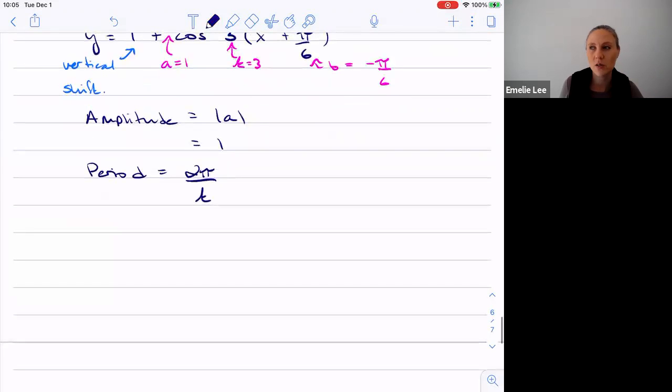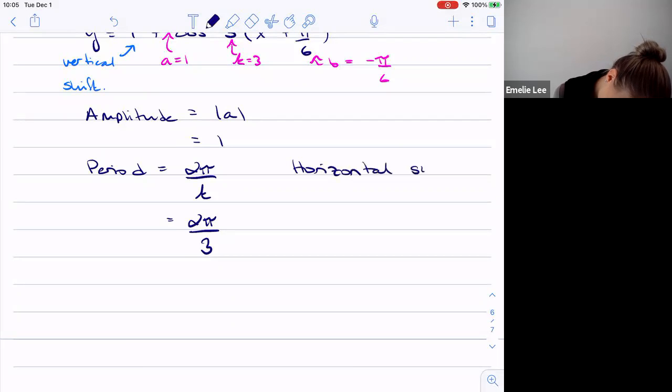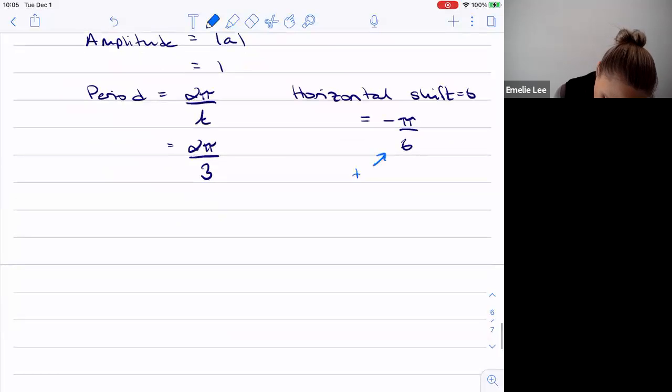And don't forget it's 2 pi over k. So we get 2 pi over 3. And then the horizontal shift is b, which is negative pi over 6. Because it's negative, it's to the left.